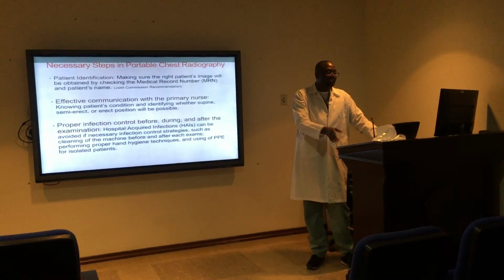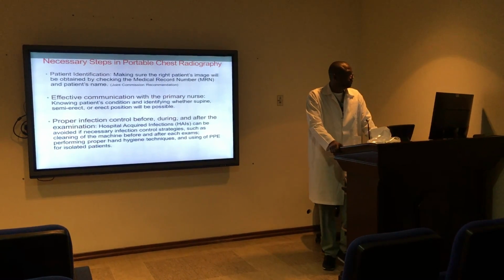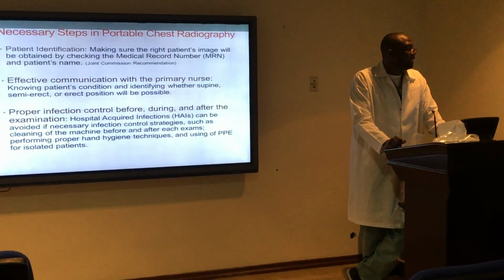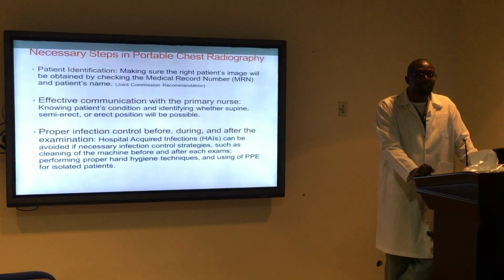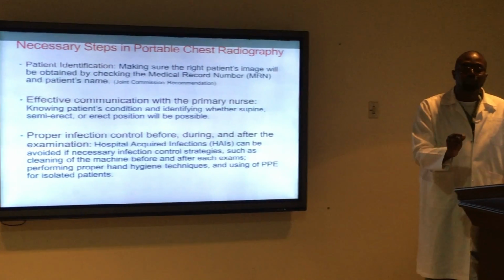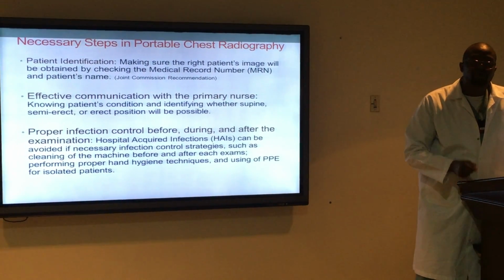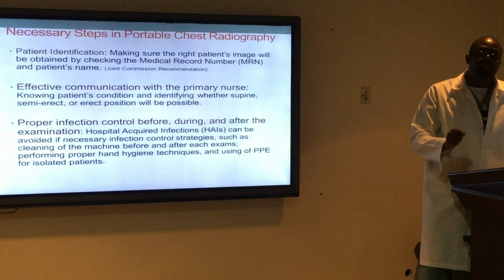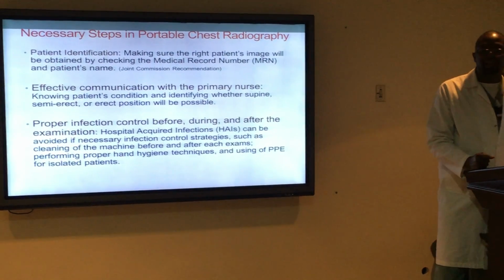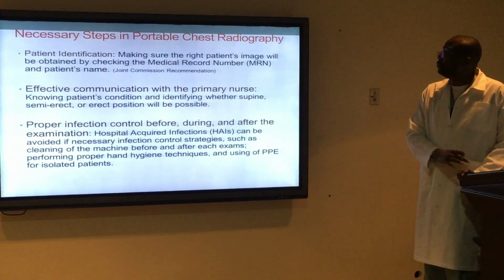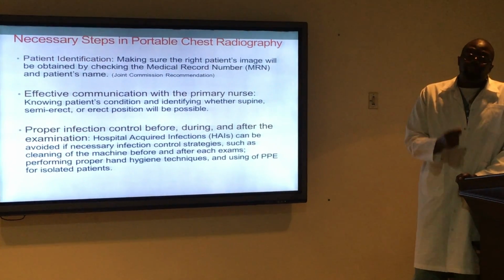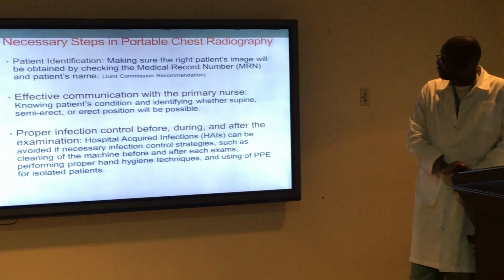Okay, let's get into today's business. The necessary steps in portable chest radiograph. First of all, when you get a request for a chest exam, the first thing you have to do is patient identification.